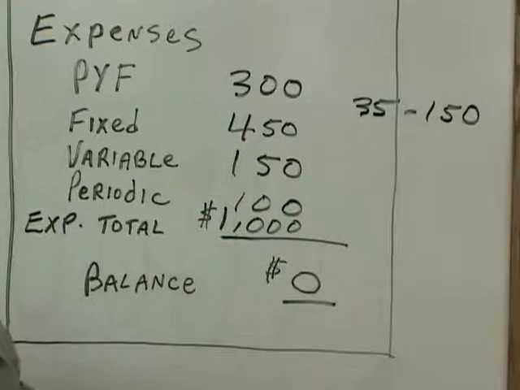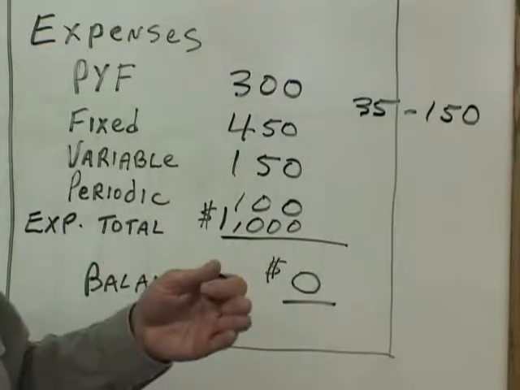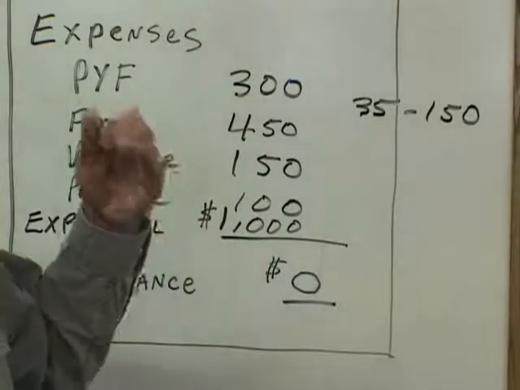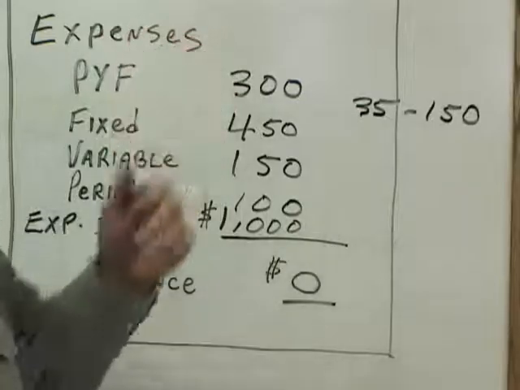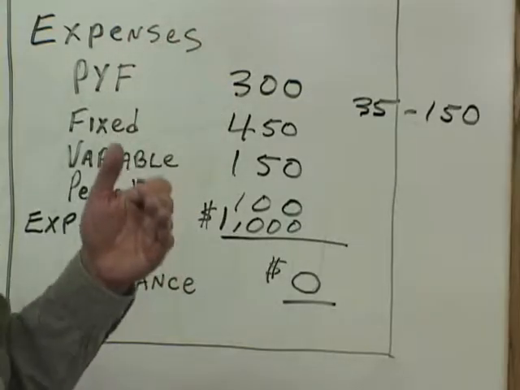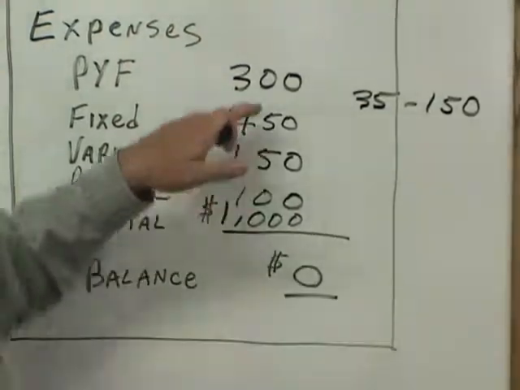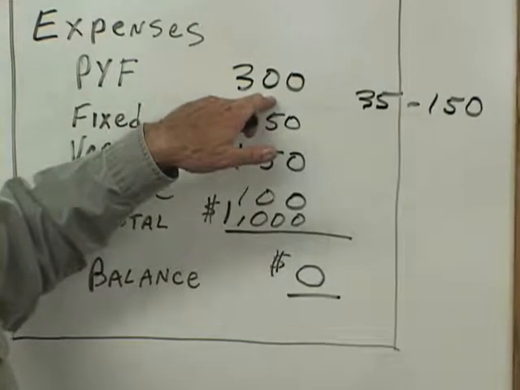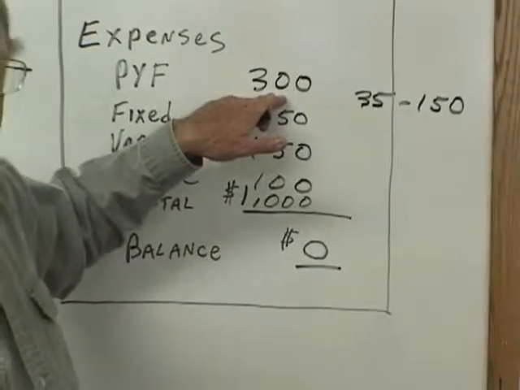Because if you have goals established for saving, then you need to keep that the highest priority in your budget. So your pay yourself first savings will be the thing that you enter into your expense category first.